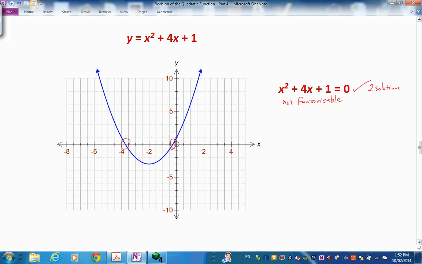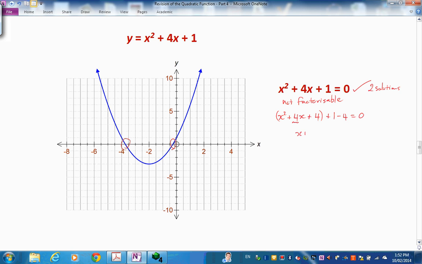Do you remember what you did last year with this? It was the subject of the last presentation. We complete the square. So watch me do it now. x squared plus 4x. Now, I wish to make a square, half the 4 is 2, square it and add it on. So that will give me a square. Bring the 1 down and also take off the 4, or put it on the other side, add 4 to both sides if you like, please yourself.